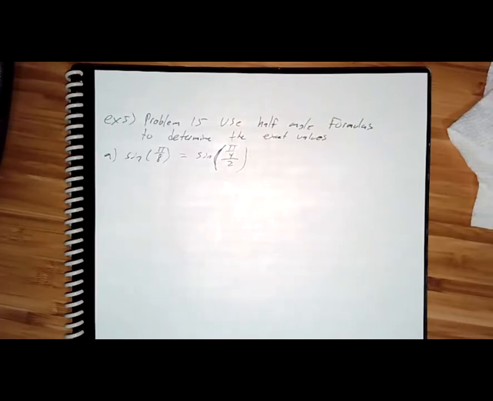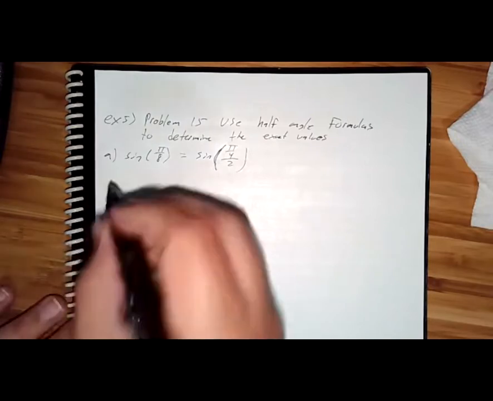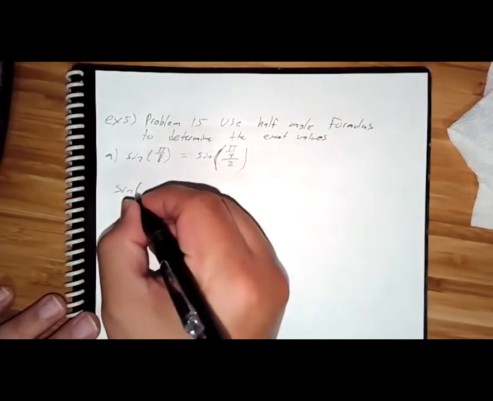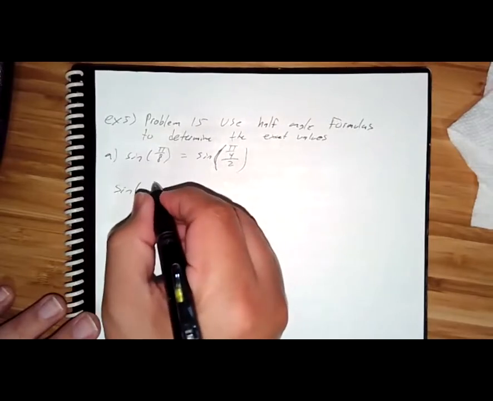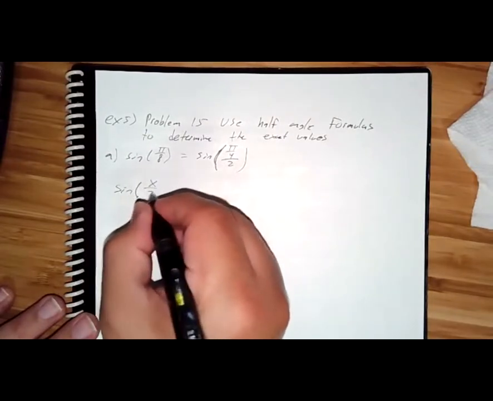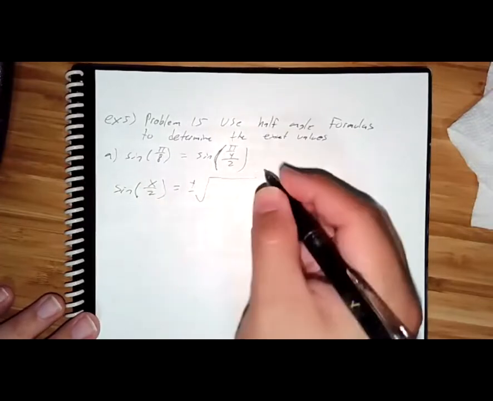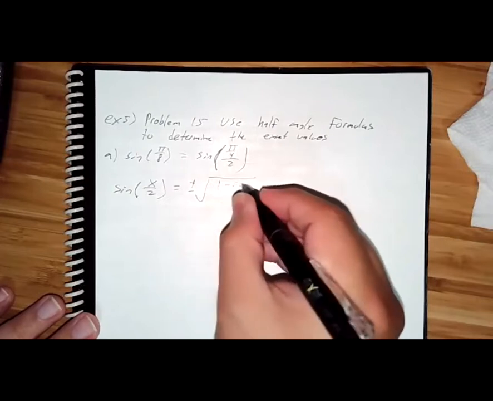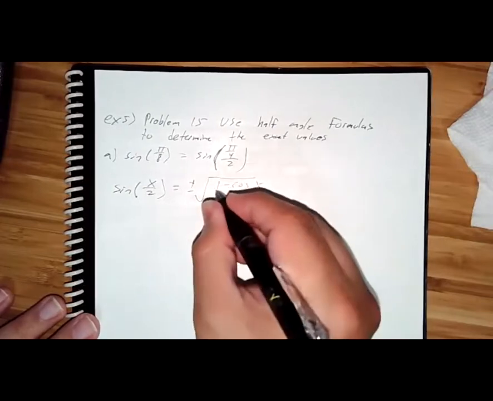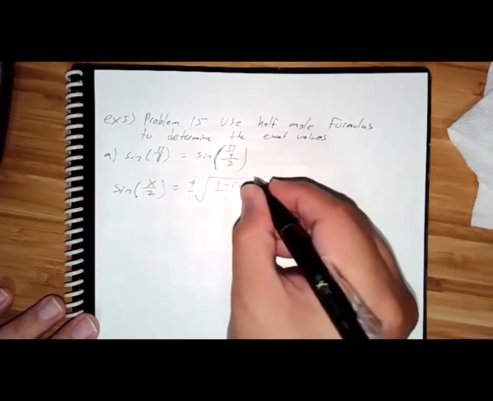So apply, let me look it up here. So we need this formula. Sine of, I think I used alpha, or theta maybe, or that was x. So it's the square root of 1 minus cosine x over 2.